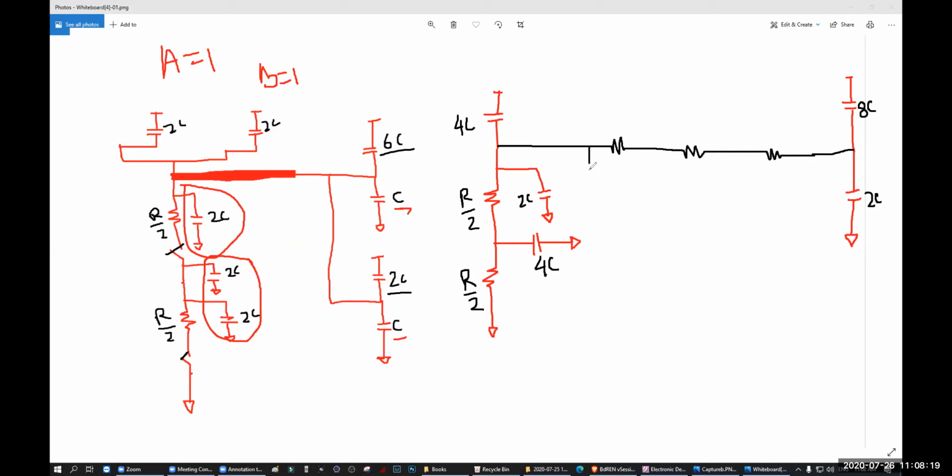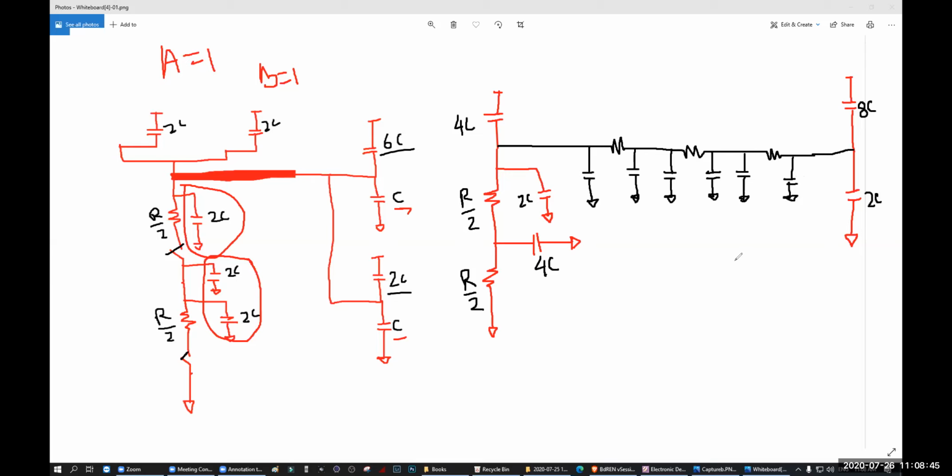You have one capacitance here, another capacitance here, one capacitance here, another capacitance here, one capacitance here, another capacitance here. Okay, got my point?